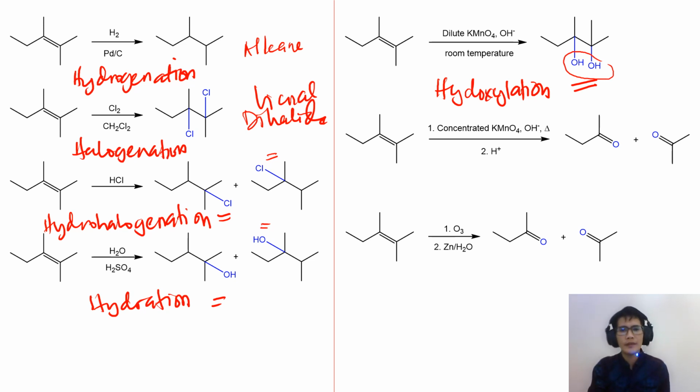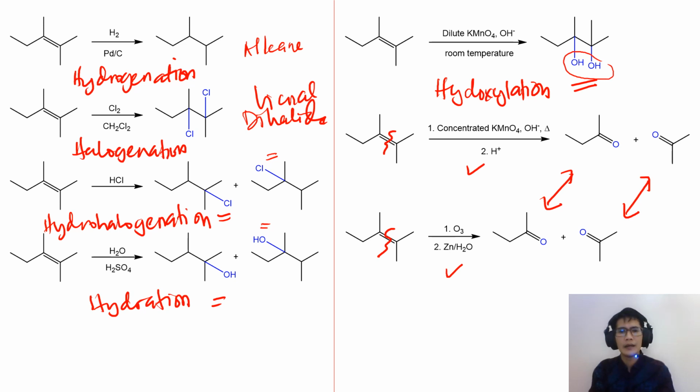And this is quite interesting. When you break the C double bond C by using concentrated hot KMnO4, and by using ozonolysis, the product is actually the same. Okay, why do they get the same product this time?